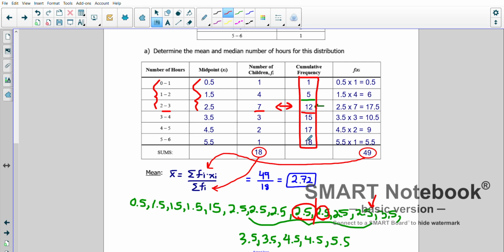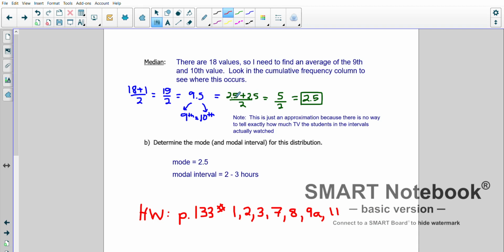And the 18th child is here. So if we need the 9th and the 10th, they're both going to be found in this interval. And that's what I've done over here. So I knew they were both in the 2.5 hour interval. So I did 2.5 plus 2.5 divided by 2. You get a median hours of TV watched of 2.5 hours.